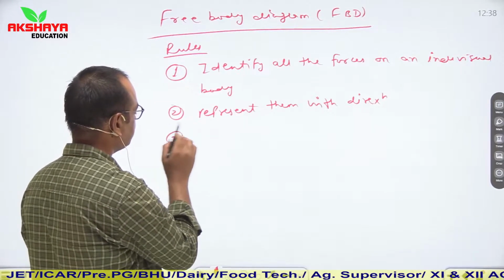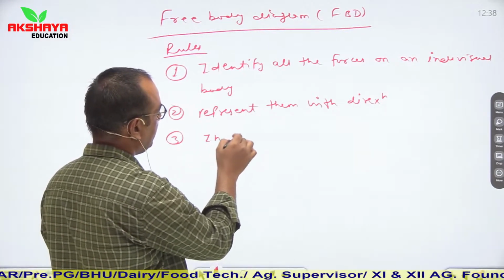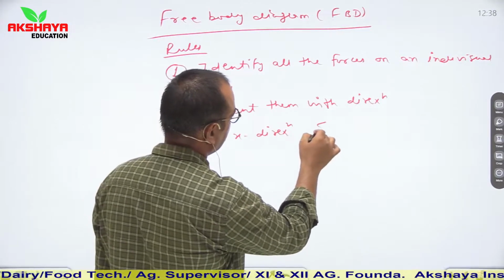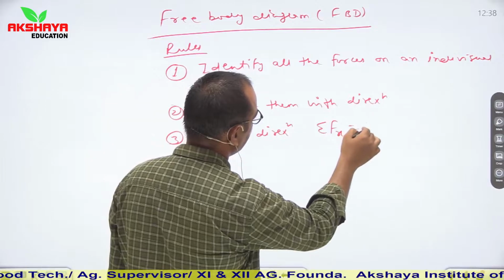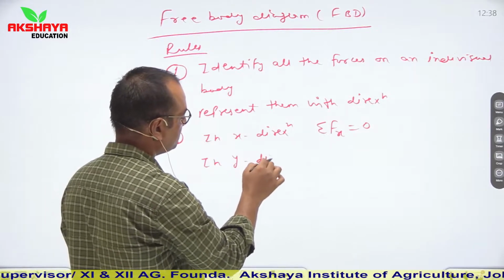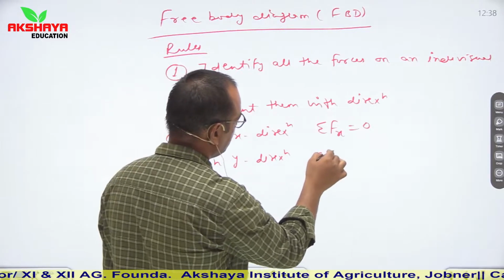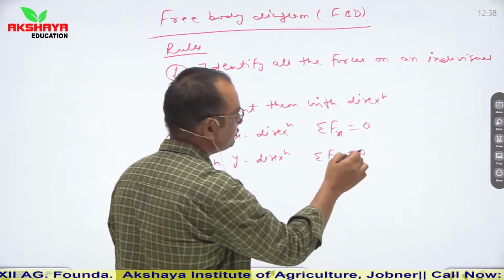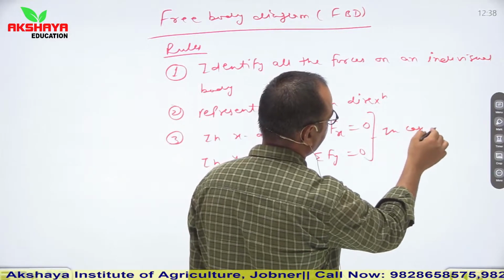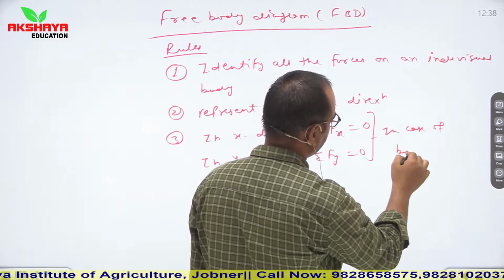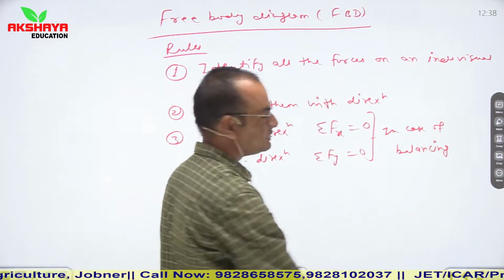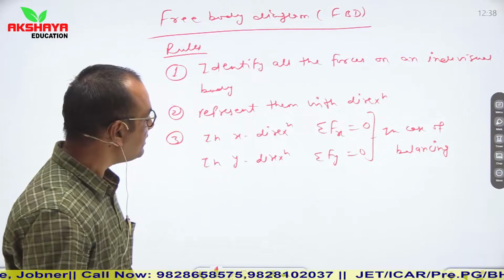Third thing, in x direction, summation Fx is equal to 0, and in y direction, summation Fy is equal to 0. This condition is in case of balancing. So this is the process of finding FBD.